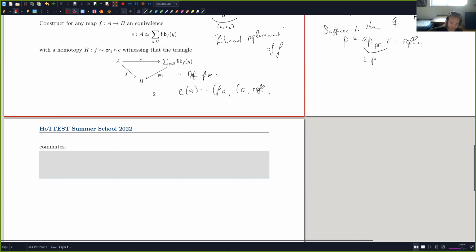And an inverse map of an arbitrary y in B and an element of the fiber, let's say x, and a witness p that this is a fiber. This should be an inverse, so this really has to be x.